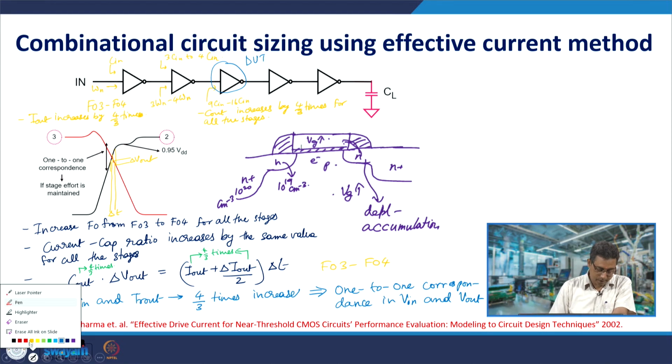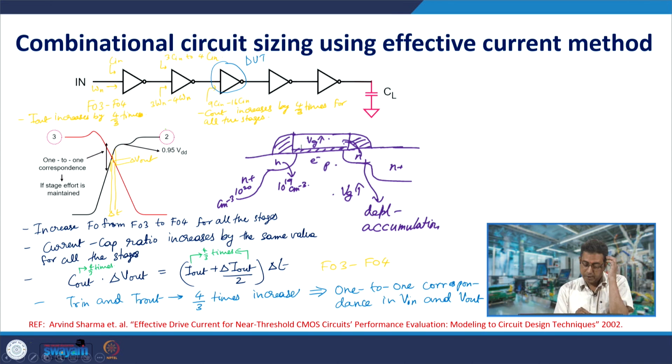Why is this switching input voltage, if we call it this, coming out to be different from VDD? See, this voltage is not VDD, as we have discussed in the previous lectures.